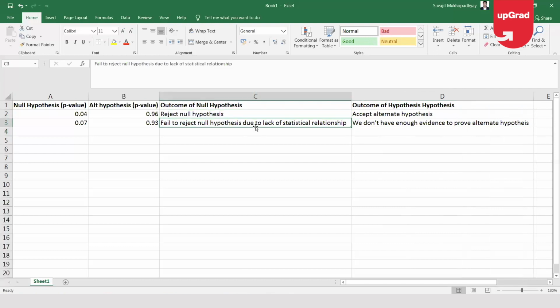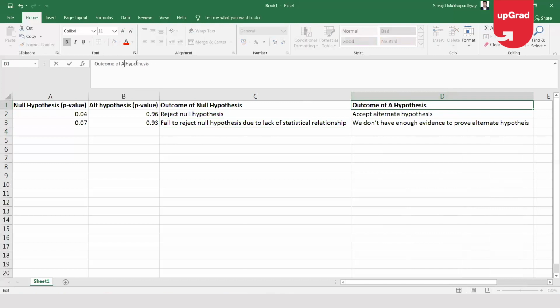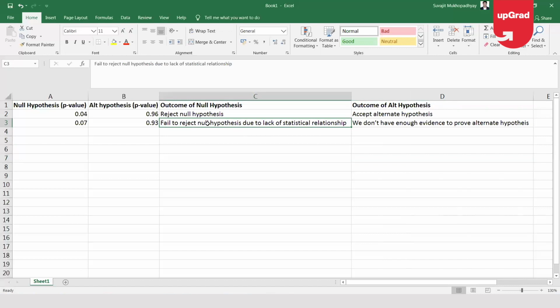In this case, I am not rejecting, right? So if I am not rejecting, I cannot make the alternate hypothesis reject as well. By the way, it's a spelling mistake, right? So in this case, we say fail to reject null hypothesis, right?